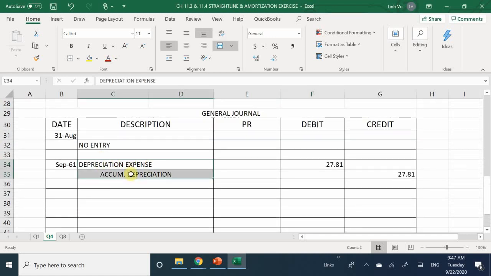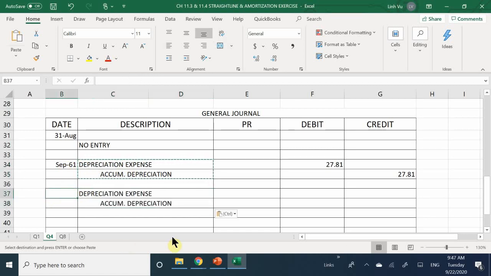I'm assuming my journal entry is going to be for December 31st, assuming this is the annual. And what was it again? It was 111.24.